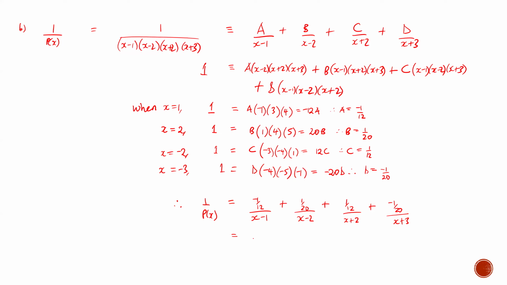If you wanted, you could simplify this and say this is 1 over 12 times [1 over (x plus 2) minus 1 over (x minus 1)] plus 1 over 20 times [1 over (x minus 2) minus 1 over (x plus 3)], if you just wanted it to look neat. But yeah, that's the solution.